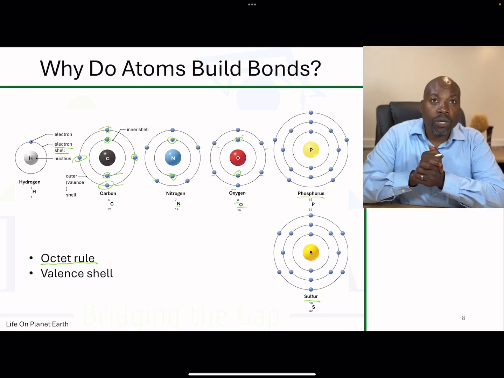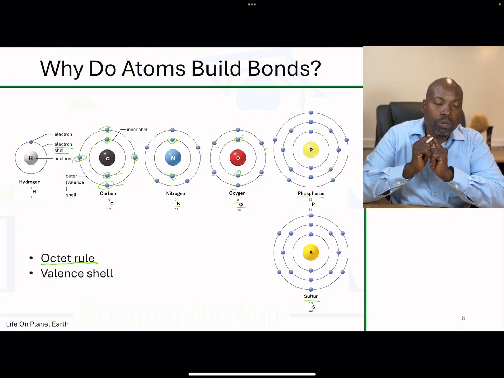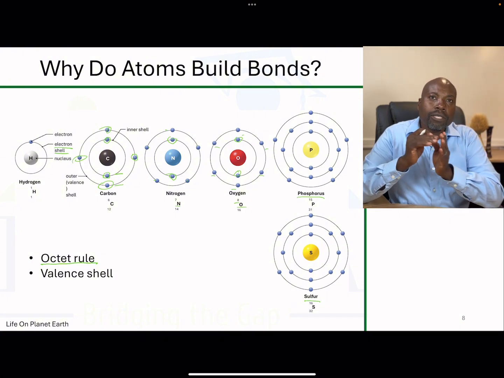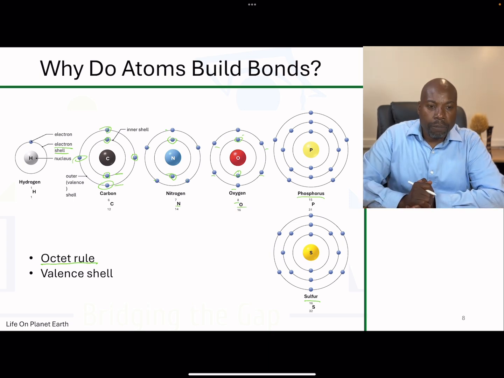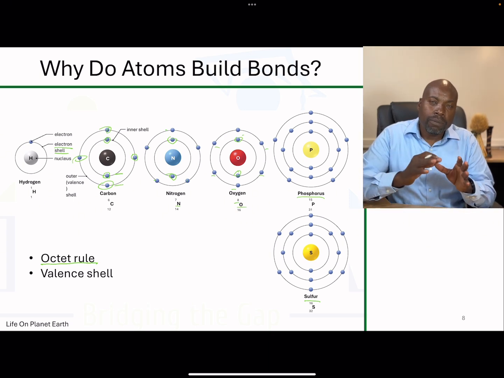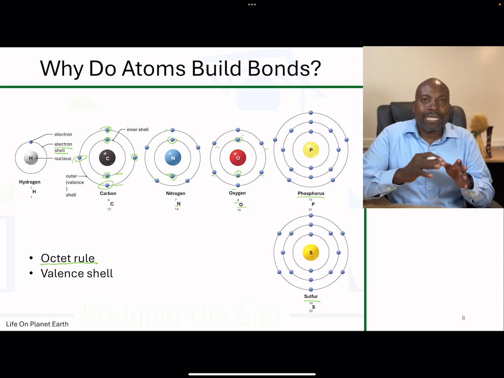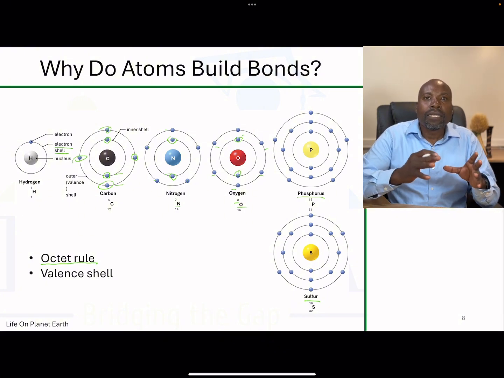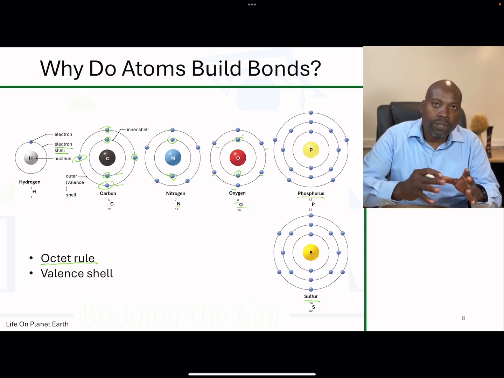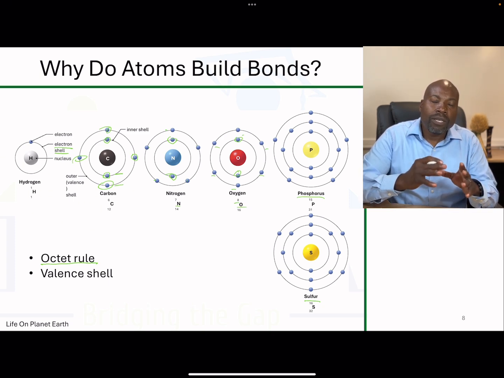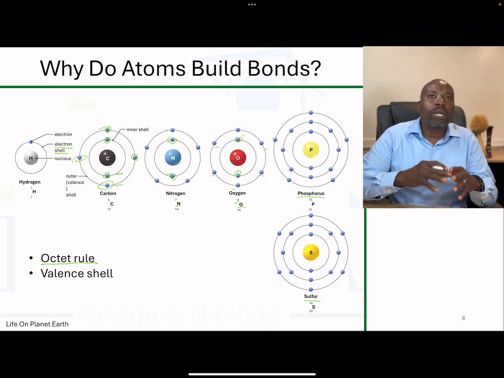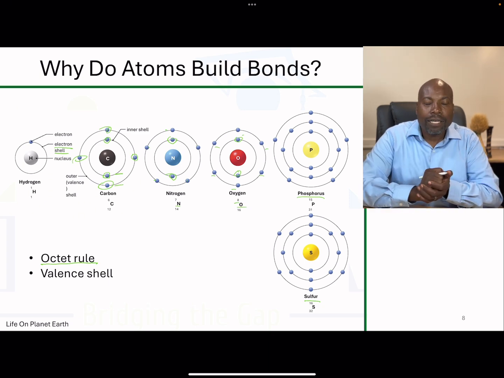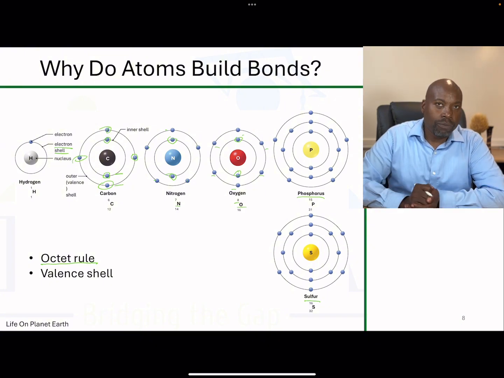The octet rule says that starting with the second electron shell and the third electron shell, every atom that does not have its outermost electron shell completely filled, completely occupied by the number of electrons possible, these atoms will need or will want to interact with other atoms.